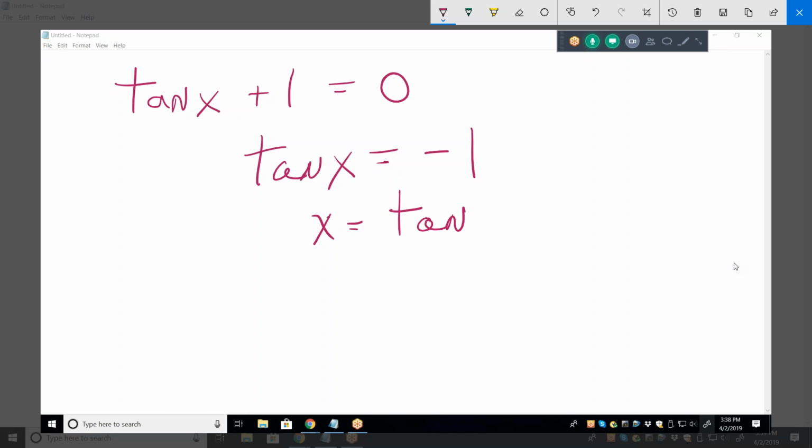And that's a super important concept in trig. When you're solving for angles, you use inverse trig functions. When you're solving for ratios or numbers, you use trig functions. Now, this gets a little bit, whoops, hold on, I didn't mean to write it like that. I meant to put a -1 in parentheses there.